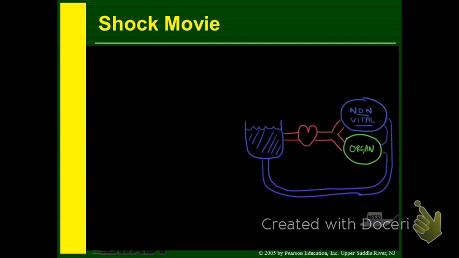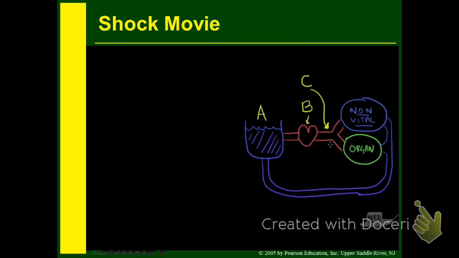And so this is where you can have problems. And so we'll call this A. Okay? Next is B, which is the heart. And then finally last is C, which is the vasculature. And so these are the three areas that really contribute to shock.